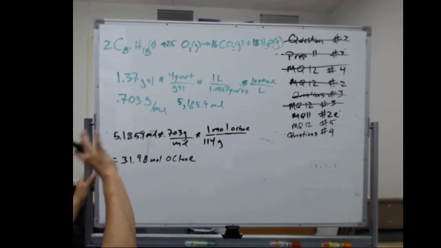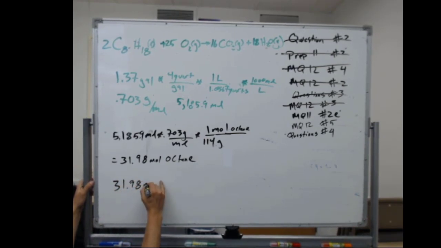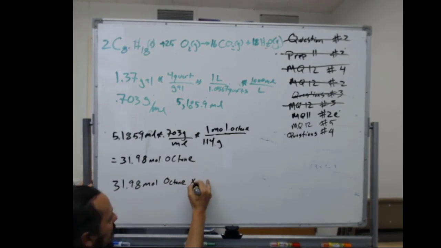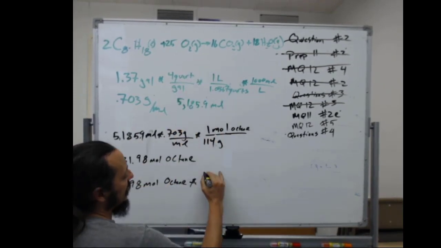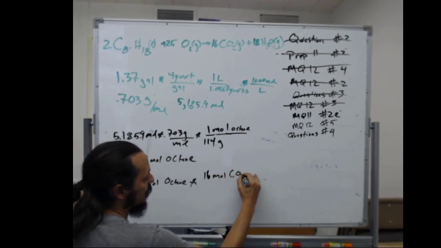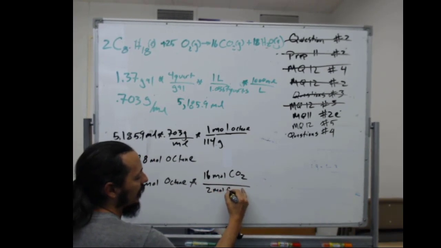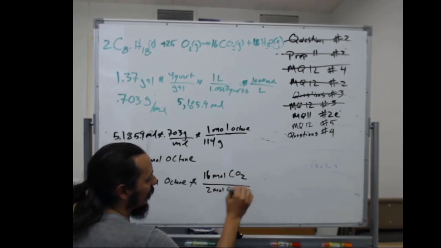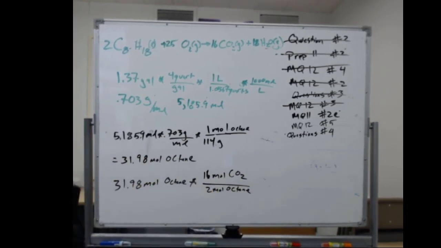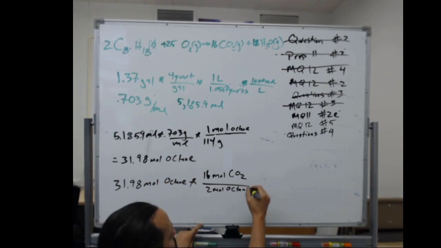So, since it's asking about CO2 and H2O, I'm going to do 31.98 moles octane times 16 moles CO2 for 2 moles octane. This is the mole ratio that we get from the chemical reaction, and this will make it so I can cancel out my moles of octane and just figure out how many moles of CO2 are made.